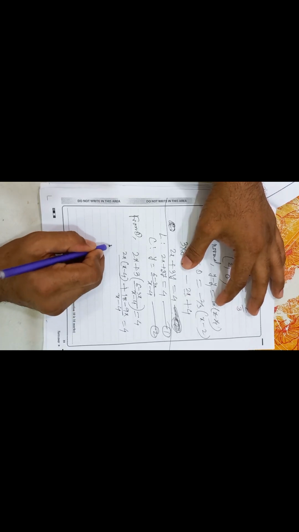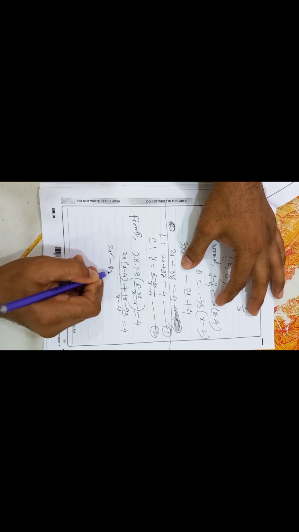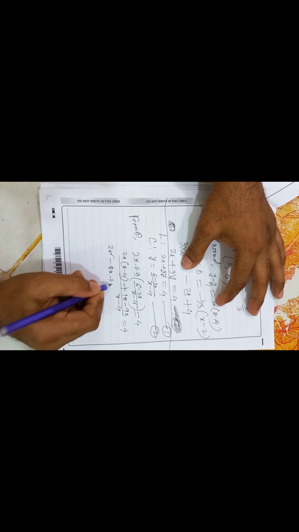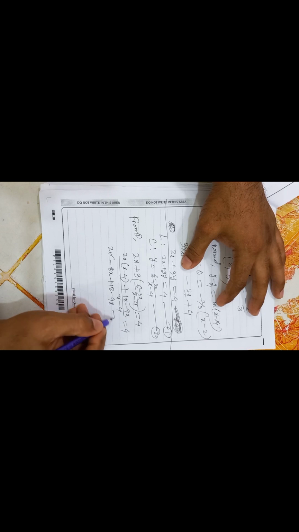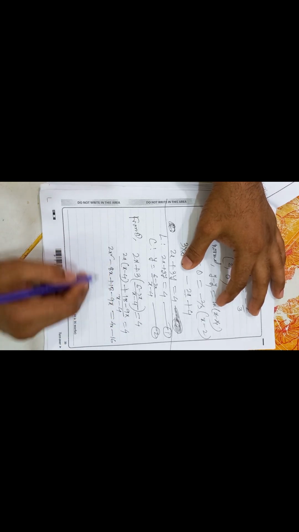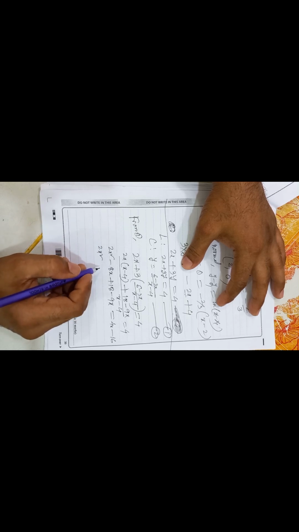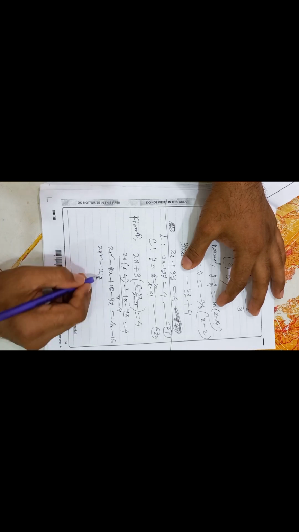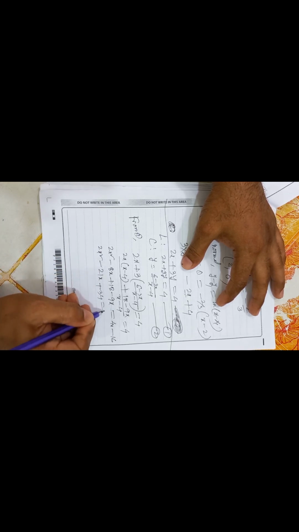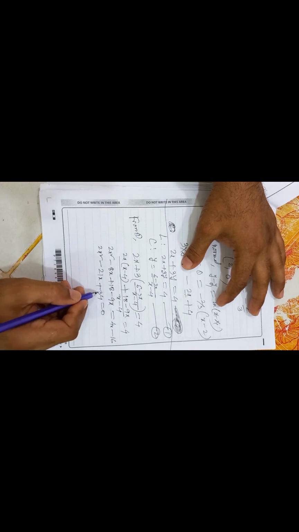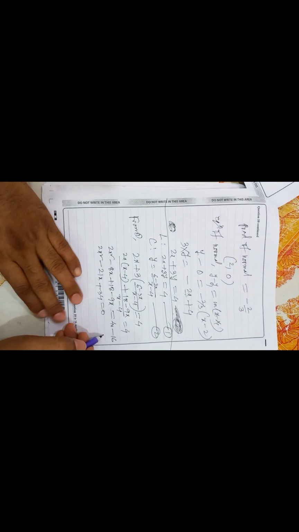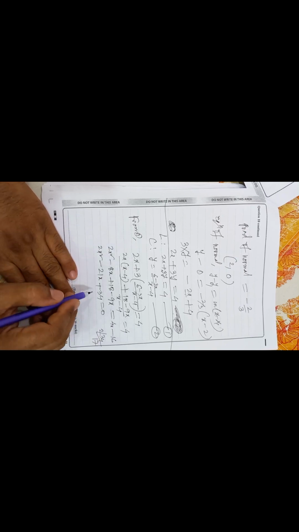By simplifying more, we will get 2x square minus 8x plus 18 minus 9x, cross multiply, that will be 4x minus 16. By simplifying finally, we get 2x square minus 21x plus 34 equals 0. Now do the middle term breaking factorization. You factorize 34 to 17 and 2, and 2 times 2 is 4.